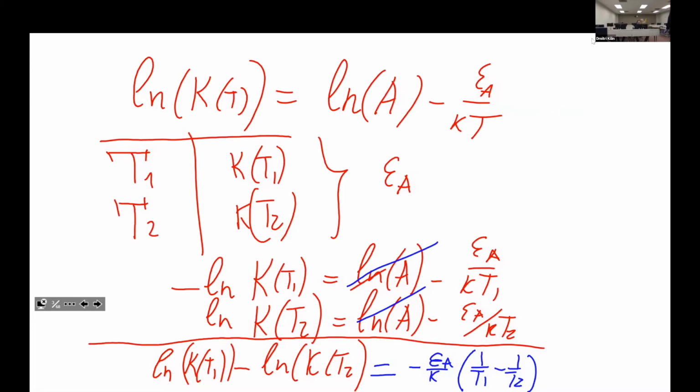Arrhenius is not as important to the market, although it can be, in some sense.